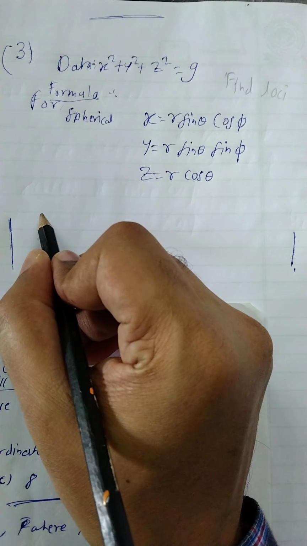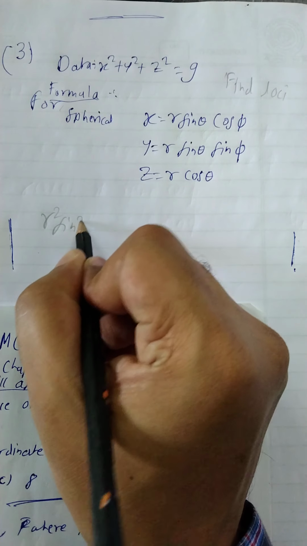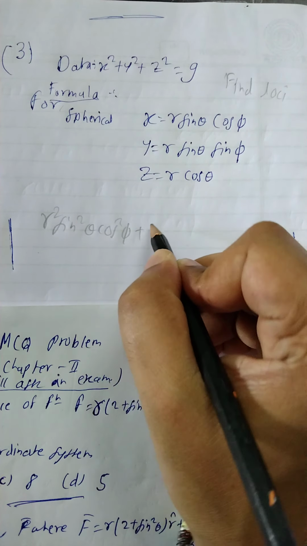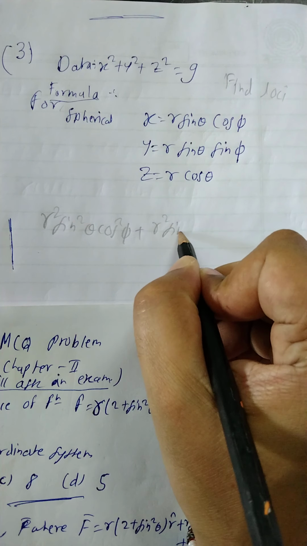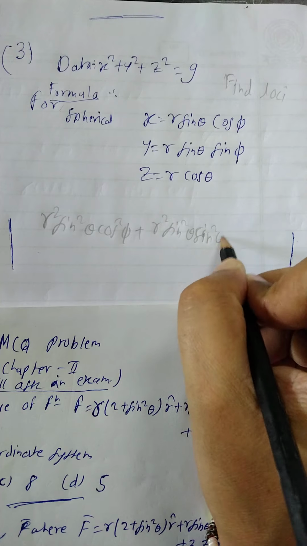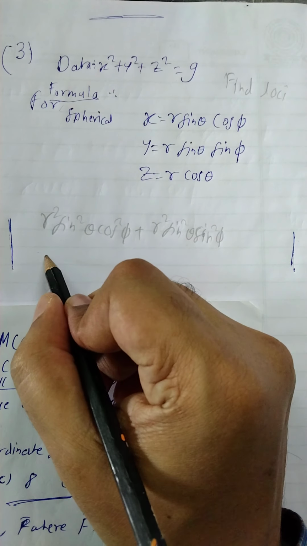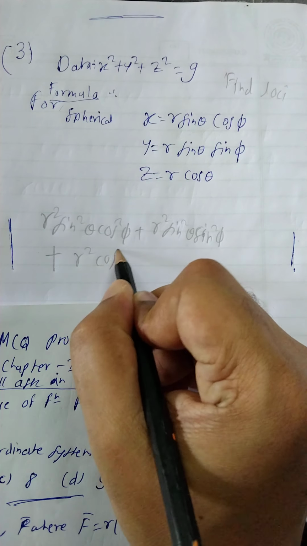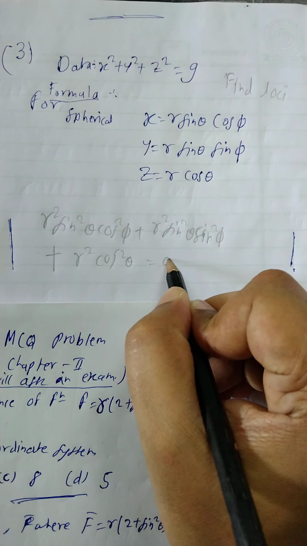So x square is r square sin square theta cos square phi, plus y square is r square sin square theta sin square phi, plus z square is r square cos square theta, which is equal to 9.